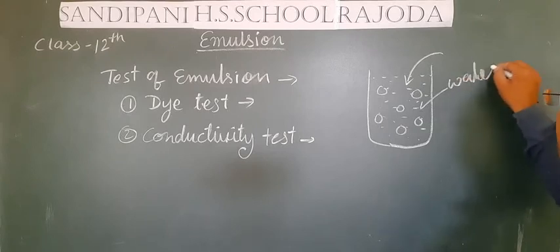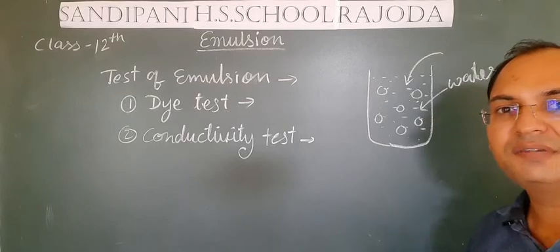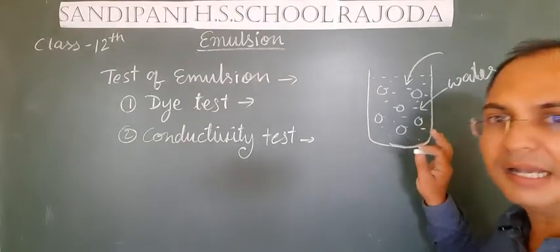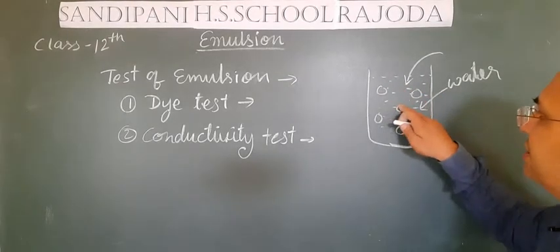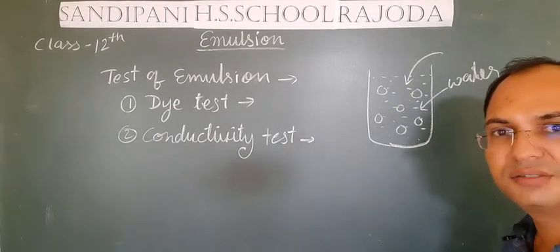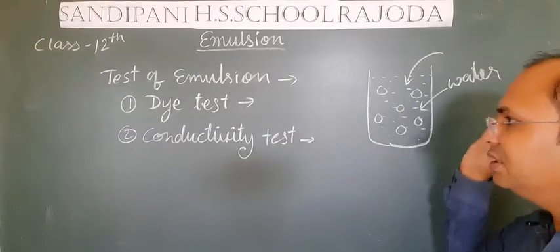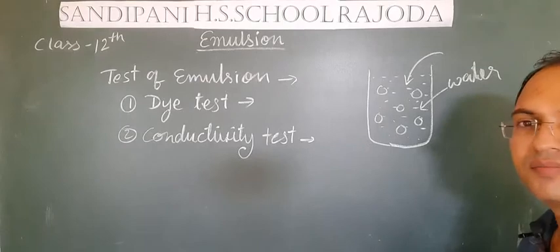So students, if this is water, then definitely it will be an emulsion of oil in water, because these oil droplets do not get colored by the water soluble dyes. So it will be an emulsion of oil in water.